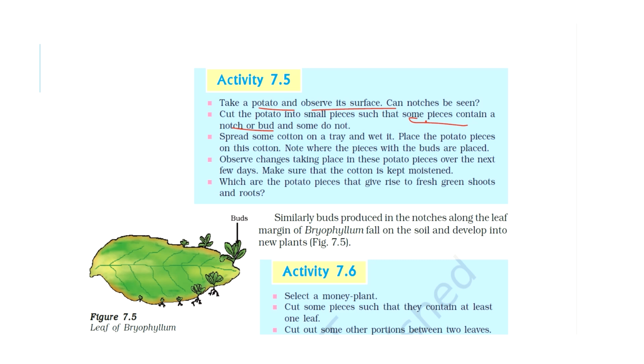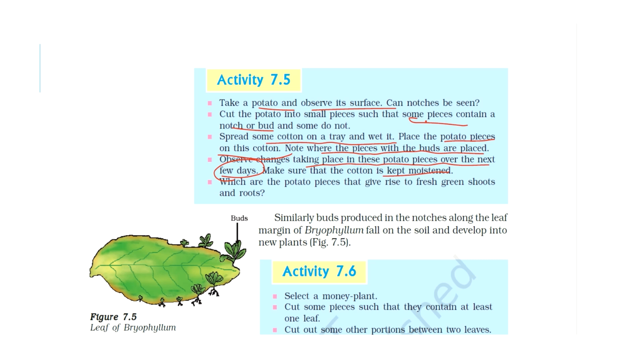Let us see what they do here. Spread some cotton on a tray and wet it. Place the potato pieces on this cotton. Now note where the pieces with buds are placed. Observe the changes taking place in these potato pieces over a few days. Make sure that the cotton is kept moistened.